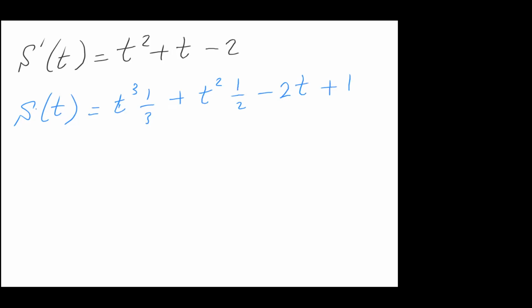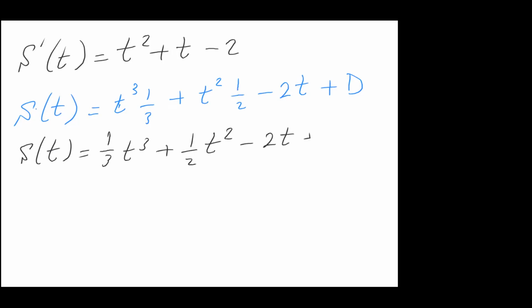I'm going to call it d, so we don't think of this as the previous constant. All right, let's clean this up. So I get s as a function of time equals 1/3 t cubed plus 1/2 t squared minus 2t plus d.